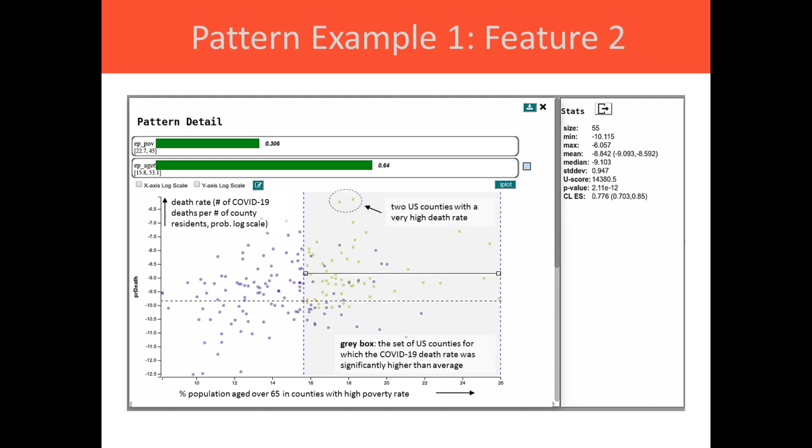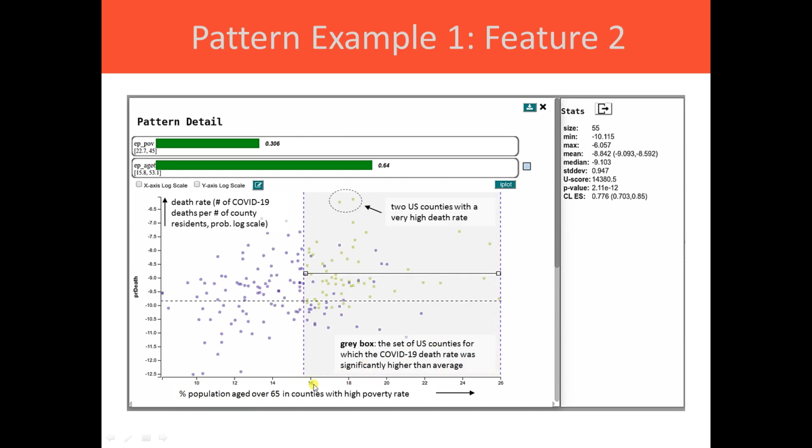Now the program says there are still some, so we need to refine these constraints. We need to find another attribute that constrains this hyperbox. The program found percent population aged over 65, essentially the counties that are older.